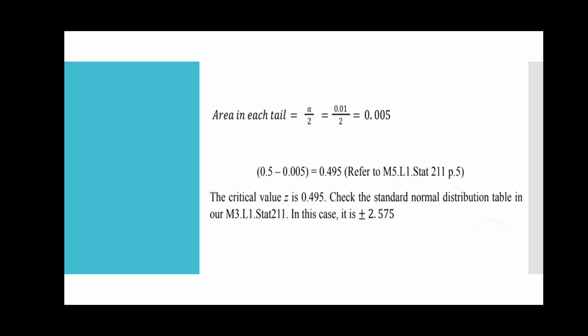We can see in the illustration on the left and right the critical regions. So it is a two-tailed curve. On the left is 0.005 and the right tail is 0.005. So this is our table.